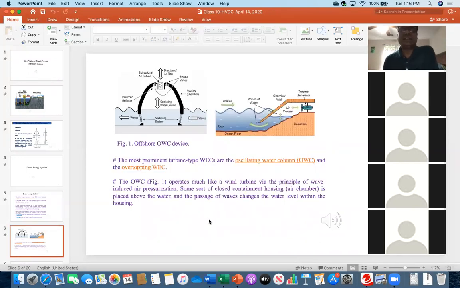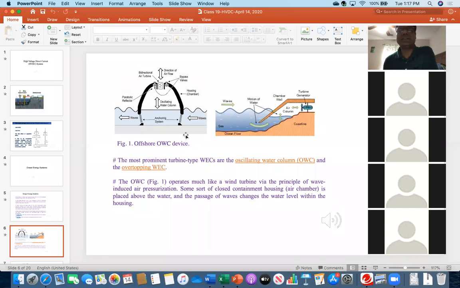Everybody see, this is an example of a turbine type wave energy conversion system. And typically there are two types of WEC here. One is called oscillating water column, OWC type, and the other one is called the overtopping type.